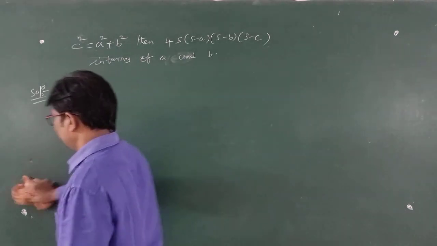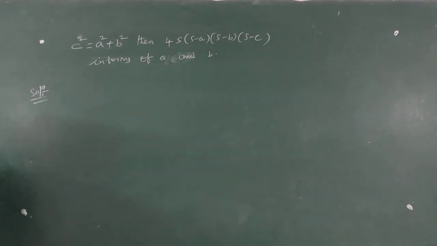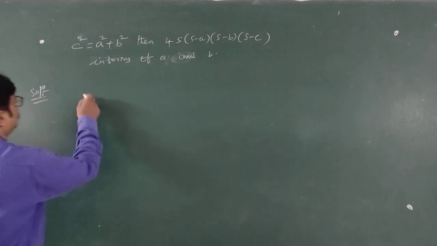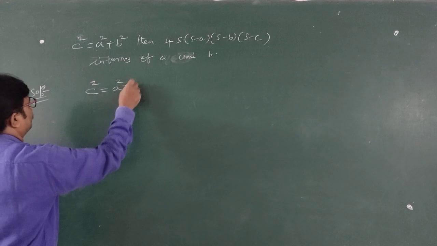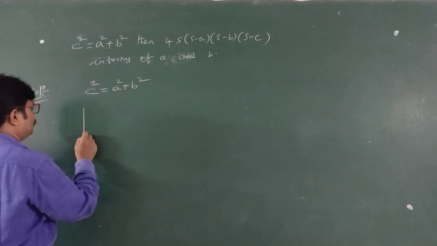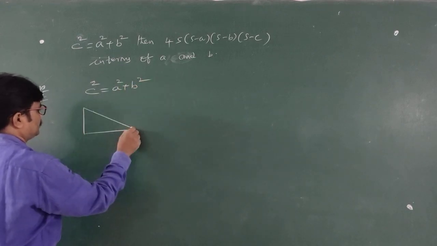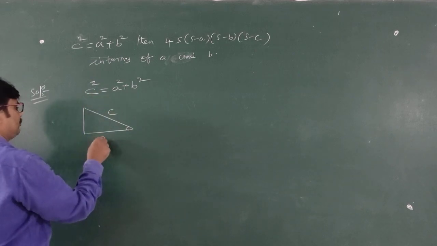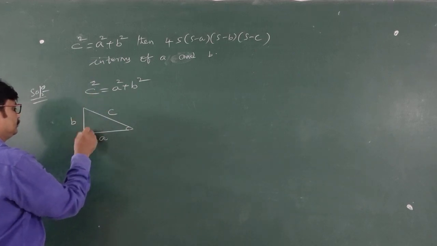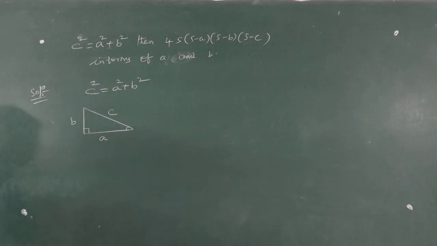Here we observe c² equals a² plus b². This is hypotenuse square equals side square plus side square.